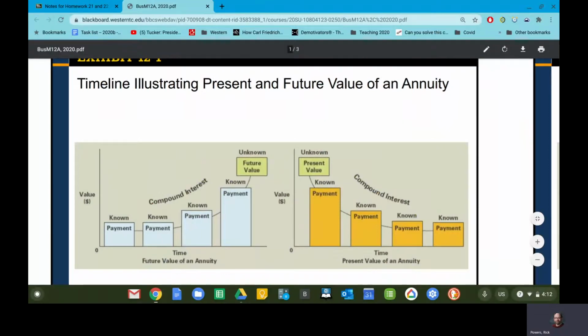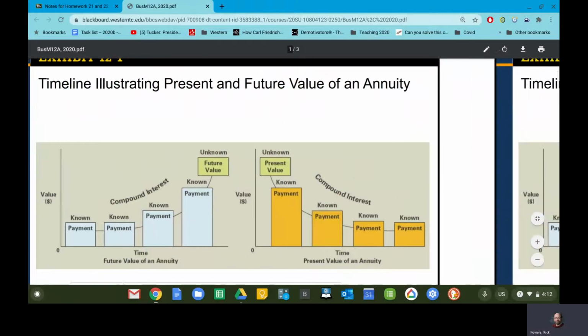It's similar, not the same. But then we also have this new thing, which is called a present value annuity. A present value annuity is where you start with a large amount and then the amount goes down over time. That's a present value annuity. So it's not the same idea as what we had previously in terms of talking about present value.